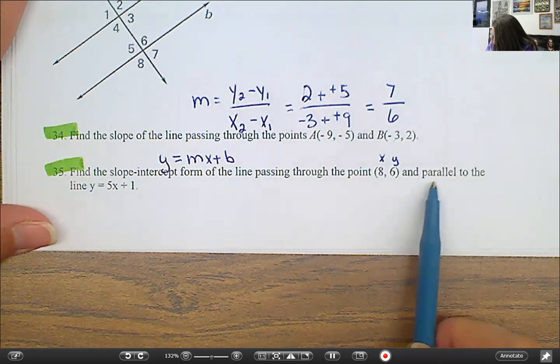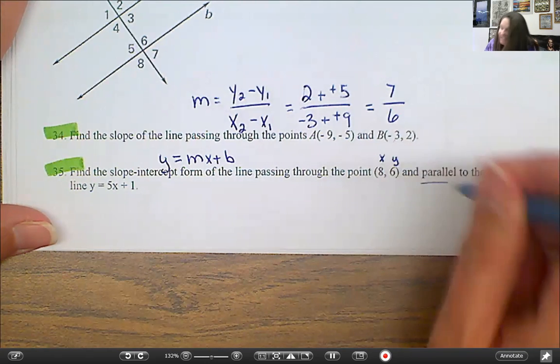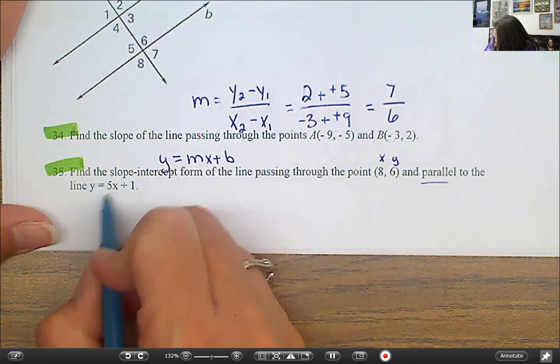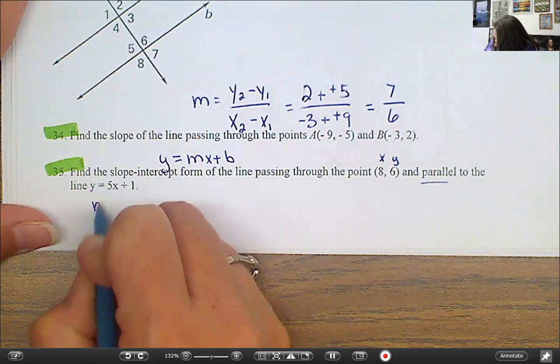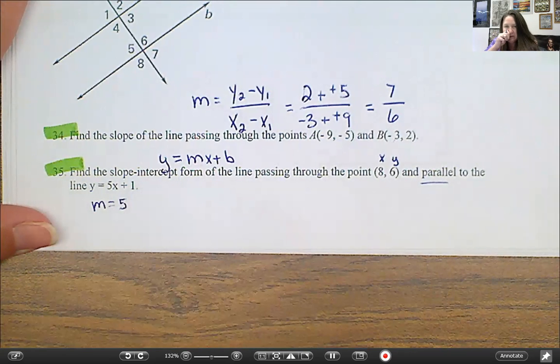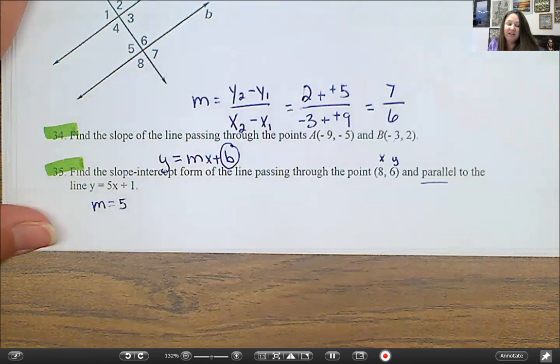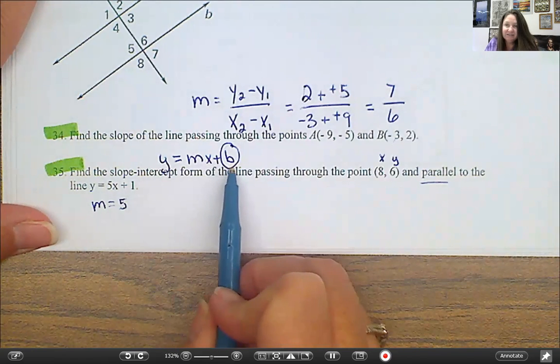And if our line needs to run parallel to this, parallel has to be at the exact same slope. So in this case, our slope, or m, is right in front of x, which would be 5. So if I wanted to find my equation, I'd want to solve for that y-intercept. So we would plug all those values in, except for b.